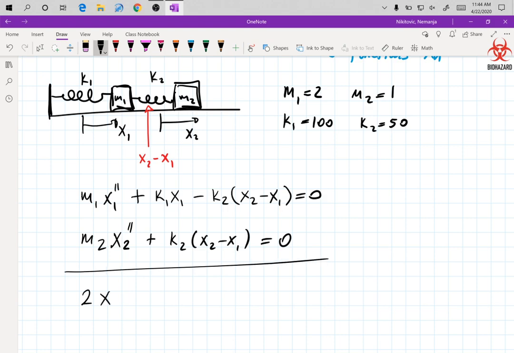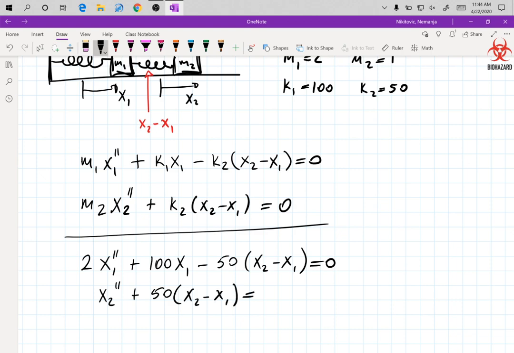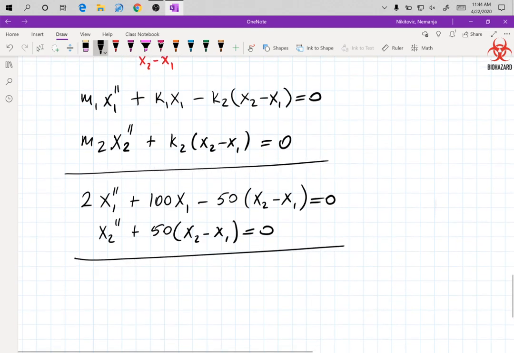So 2 x1 double prime plus 100 x1 minus K2, which is 50, times (x2 minus x1) equal to 0, and then M2 is 1, x2 double prime plus K2, 50, times (x2 minus x1) equal to 0. So this is our situation with equations.